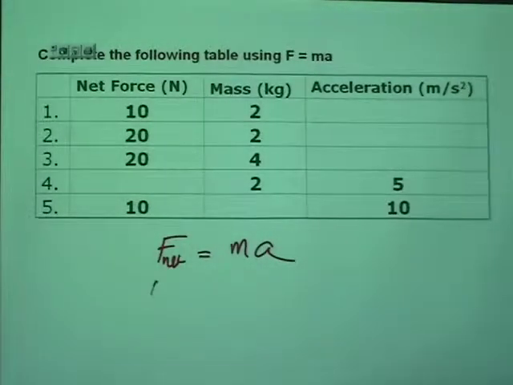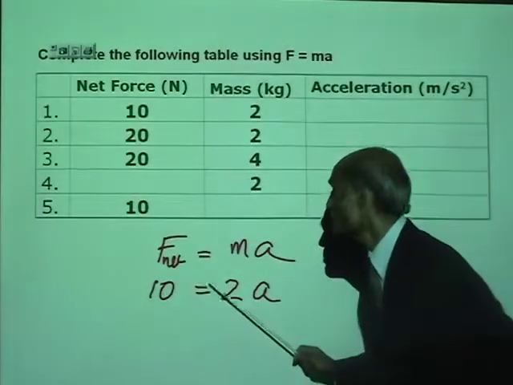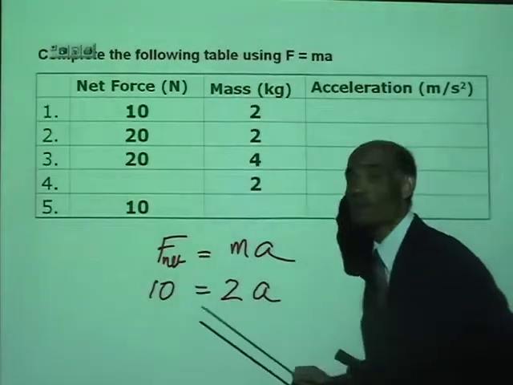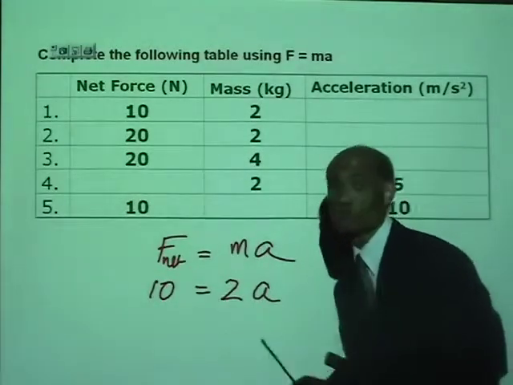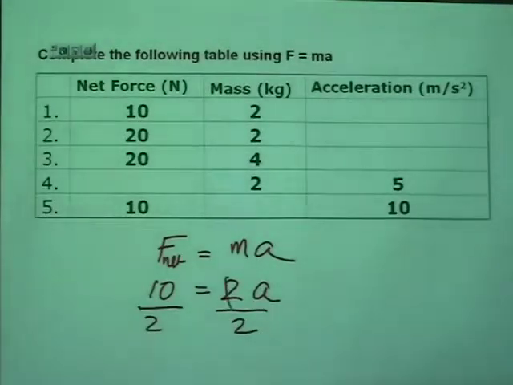Our F net is 10 Newton, mass is 2 kilogram, and so that equation now becomes 10 equal to 2a. Can you find the value of a from there? What do you do? Divide both sides by 2. Is that right? Divide the left hand side by 2 and the right hand side by 2. And you get a will be 5 meter per second squared.